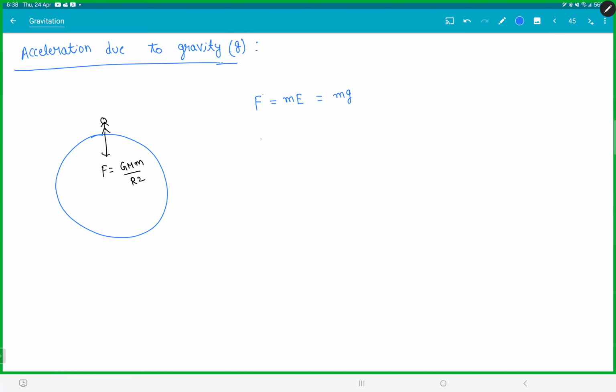So technically, gravitational field is nothing but small g. That's a simple way to remember, isn't it? The force by mass is nothing but gravitational field. So the gravitational field at any point is nothing but the g at that point. So E is nothing but GM by r square. This is on the surface.